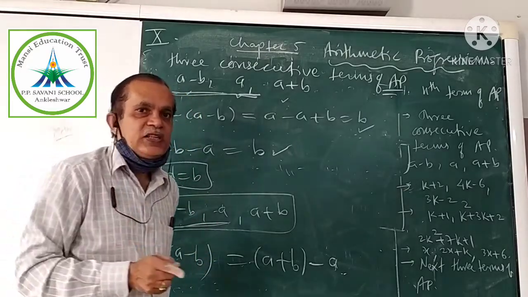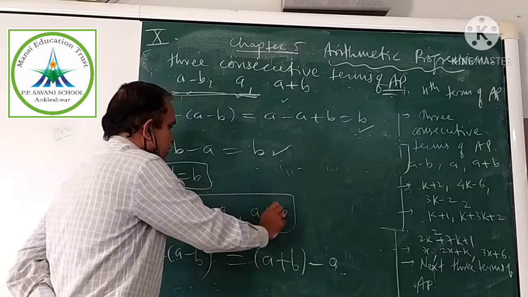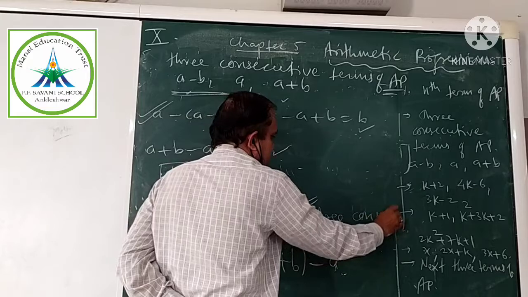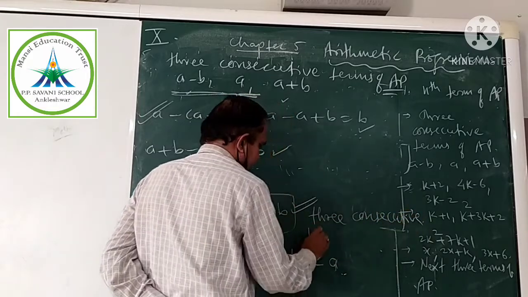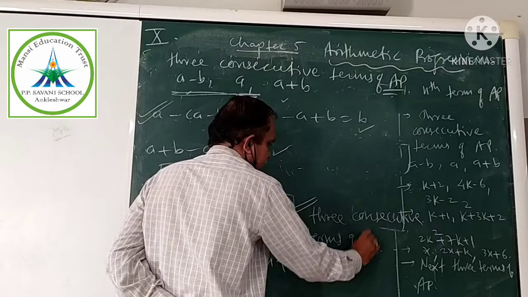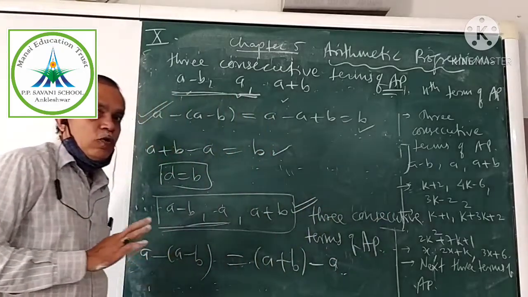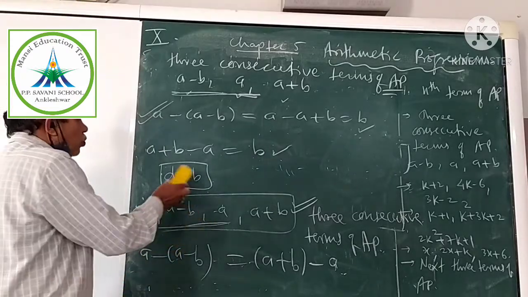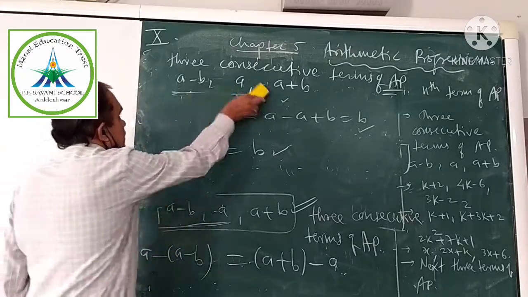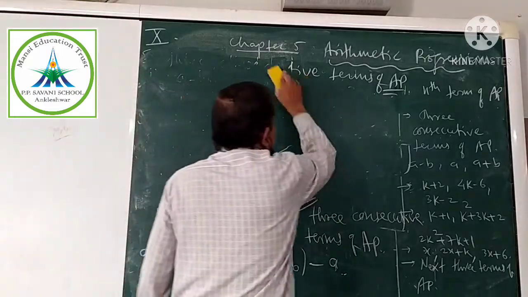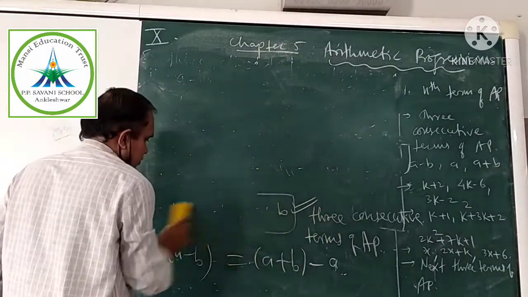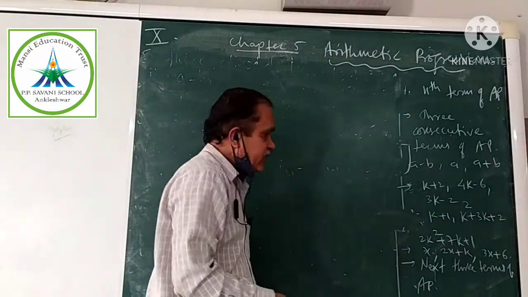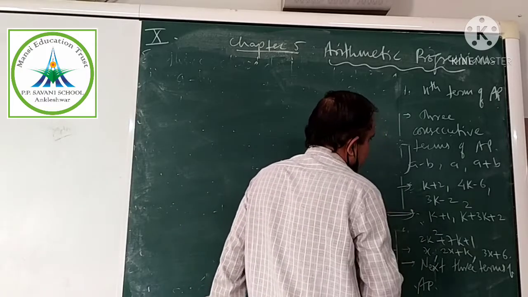Right? So we are practicing some examples based on this one. Okay children, I hope you understood this very well. Now we will take 1 or 2 or 3 examples solving using this method, using these 3 consecutive terms of the AP. You are knowing AP के terms हैं तो common difference आना चाहिए.